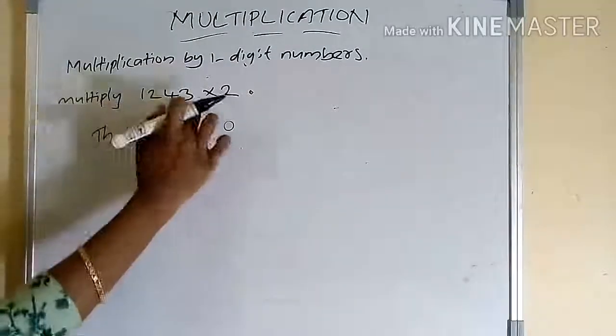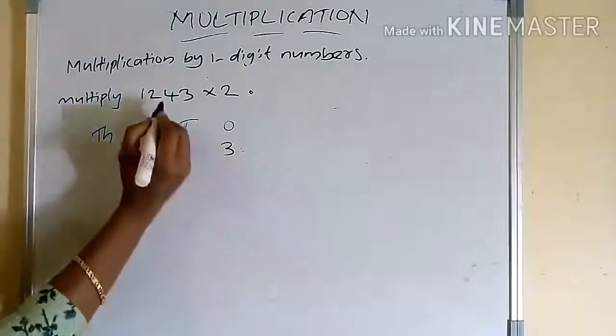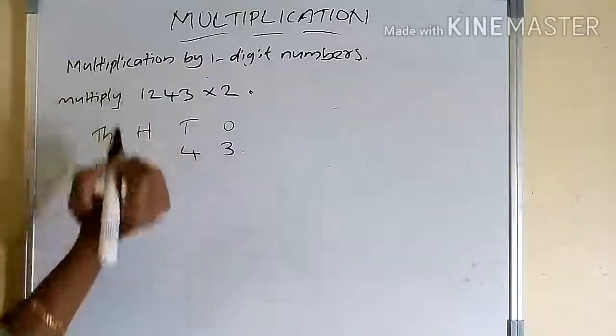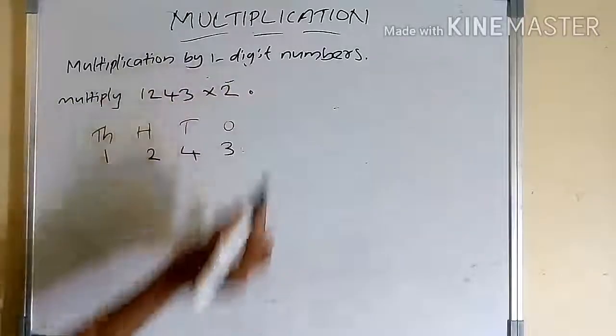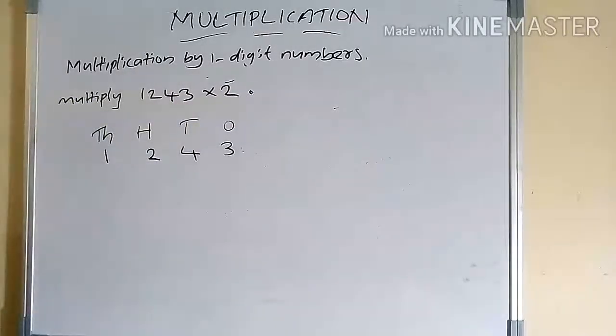In this number, how many ones? 3. How many tens? 4. How many hundreds? 2. How many thousands? 1.